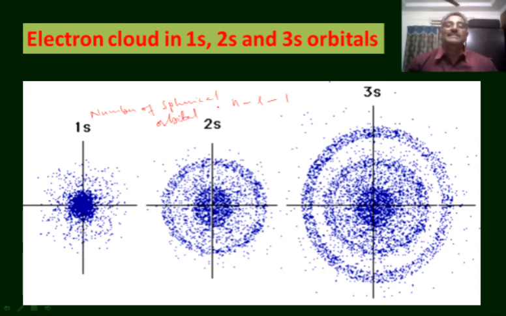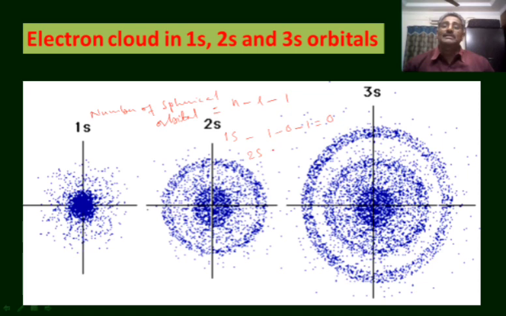This relation is applicable not only for s orbitals but also for p orbitals and d orbitals. So according to this, for 1s orbital, the number of spherical nodes is equal to n value 1, L value 0, minus 1, that is 1 minus 1, that is 0.